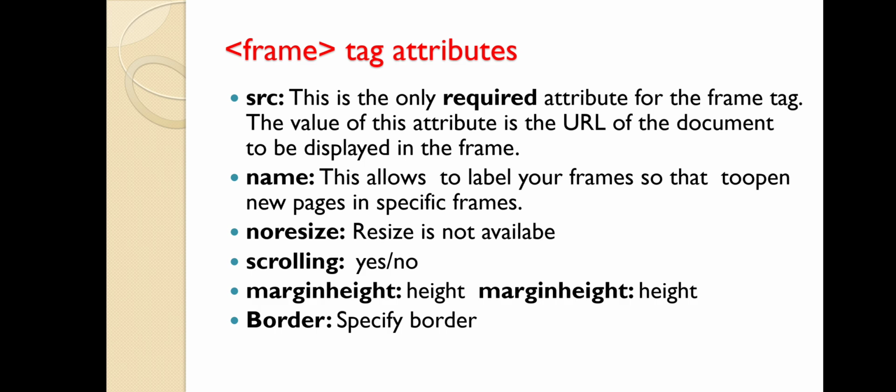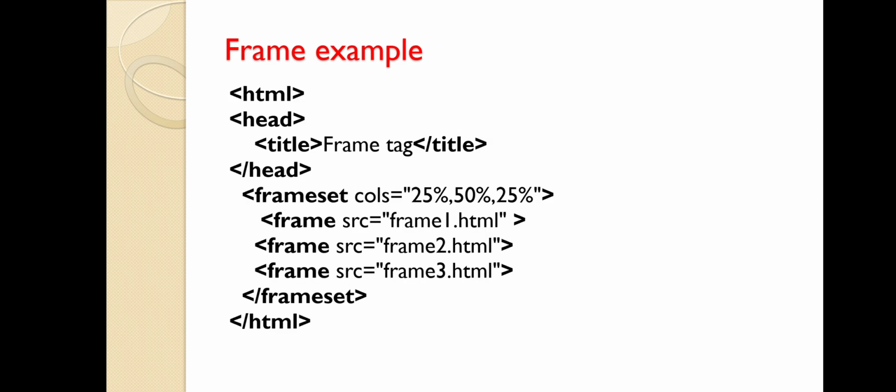So the frameset tag divides the screen. The frame tag loads the corresponding web page there. This is an example frame program. Here the frame is divided into three columns using the frameset tag. Columns equal to 25%, 50%, and the third one 25%.